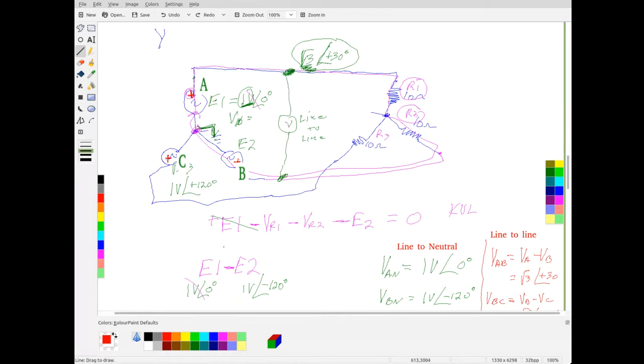And so that line-to-line voltage is the square root of 3, and it's going to be 30 degrees ahead of your reference. In this case, I was using phase A as my reference, so I'm 30 degrees ahead of that.